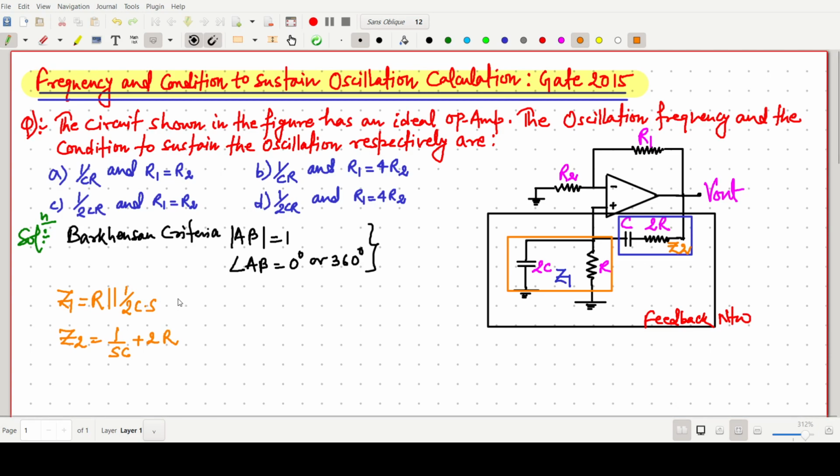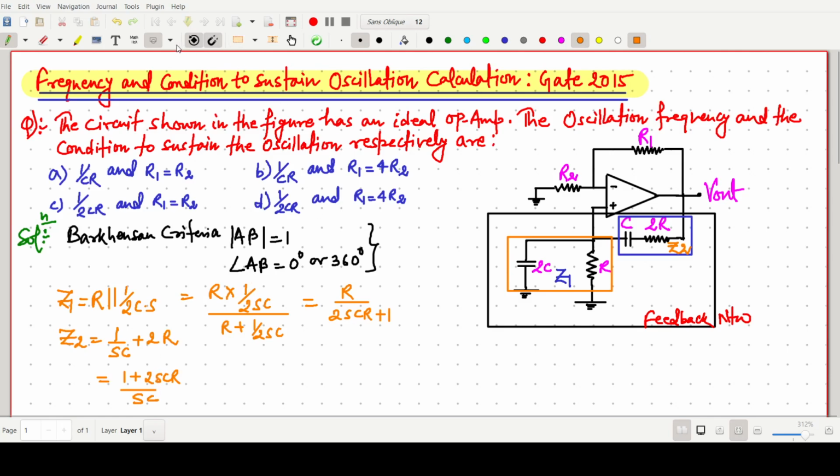One can solve this easily. So R into 1 by 2SC divided by R plus 1 by 2SC. If we solve for the Z1 part, it should be R by (2SCR plus 1), and for Z2 it should be (1 plus 2SCR) by SC.